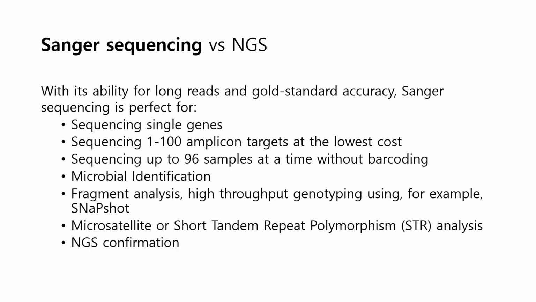Since Sanger sequencing has the ability for long reads and the gold standard of accuracy, it is perfect for sequencing single genes or sequencing small amplicon targets at the lowest cost, or sequencing up to small samples at a time, like microbial identification, fragment analysis, or genotyping.